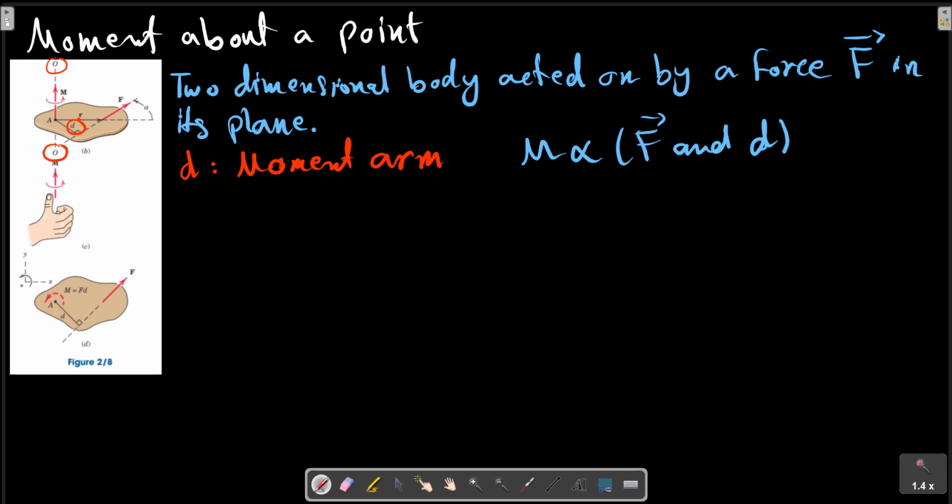which is the perpendicular distance from the axis to the line of action of the force.